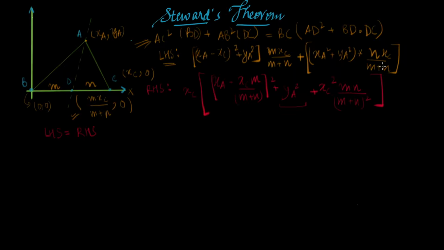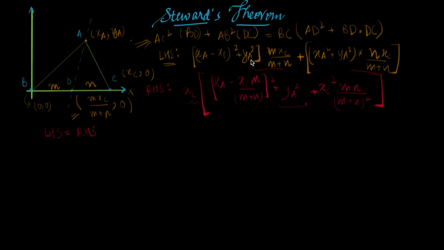If we add m times x sub C to n times x sub C, we get m plus n times x sub C, and when we divide that by m plus n, we simply get x sub C, which is clearly the term here, because this gives us x sub C times y sub A squared, and when we add these two terms on the left we should get x sub C times y sub A squared as well. So that cancels out this particular term.